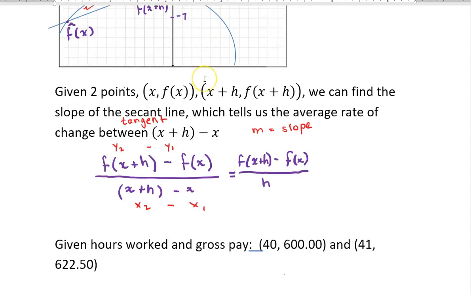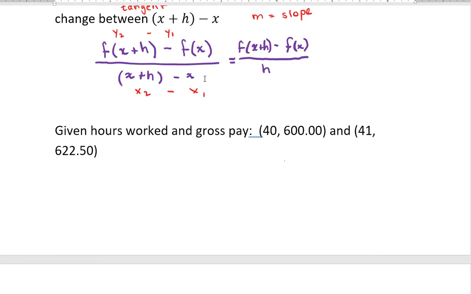Okay, so here I'm going to go ahead. I have two points that are given. I have 40 and 600, and then I have 41 and 622.50.